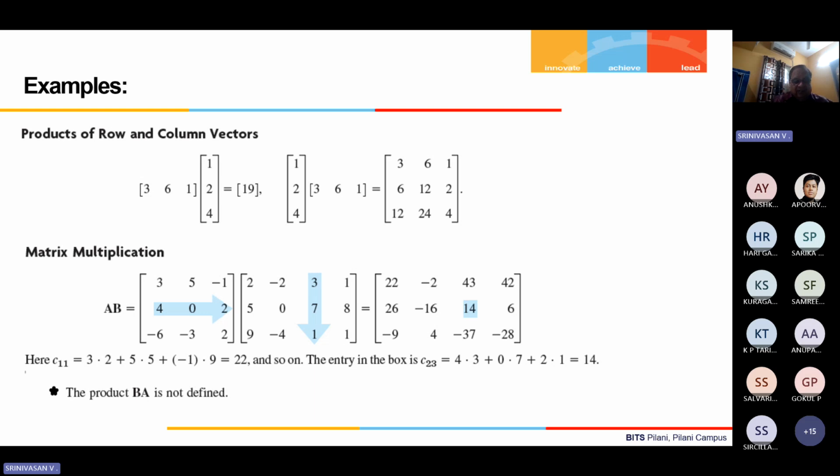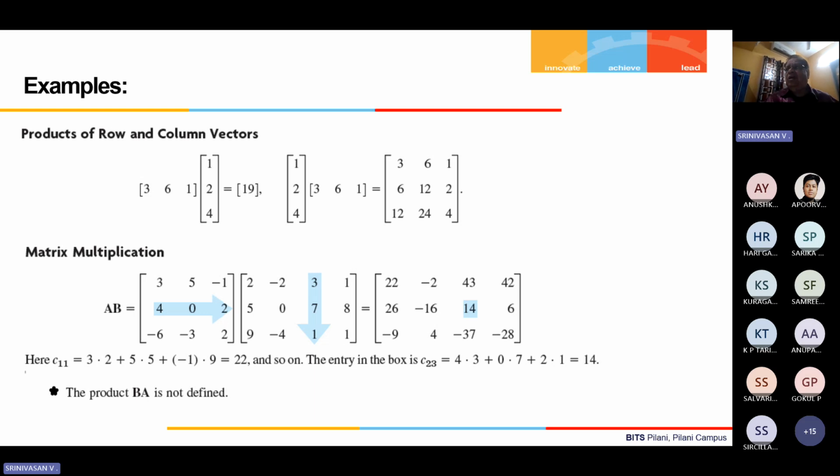Just look, this is 1 by 3, and this is of order 3 rows and 1 column. So here the number of columns and number of rows are the same. Therefore, the resulting matrix will only be of order 1 by 1.